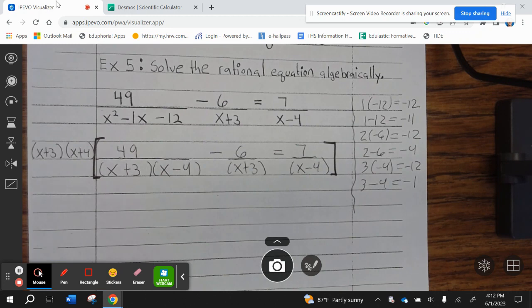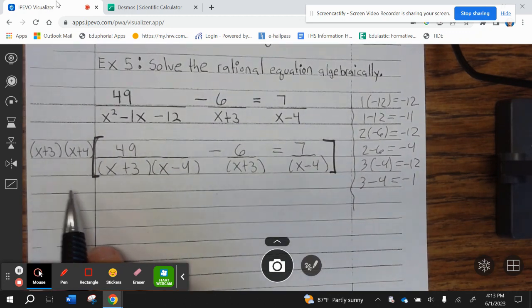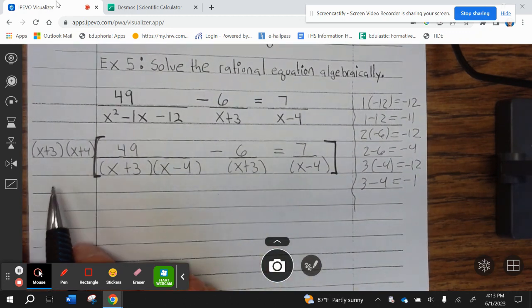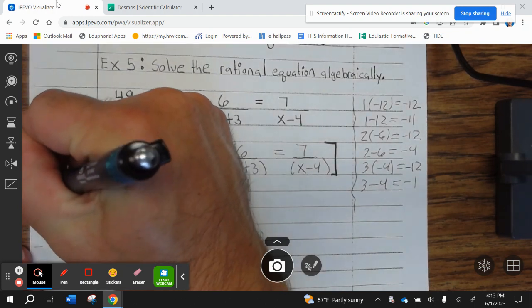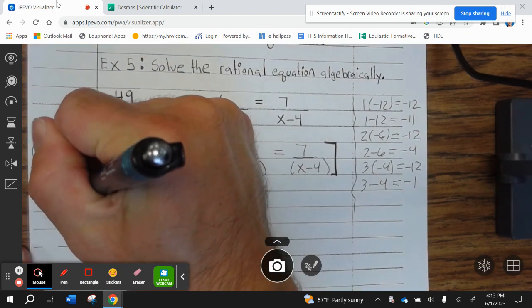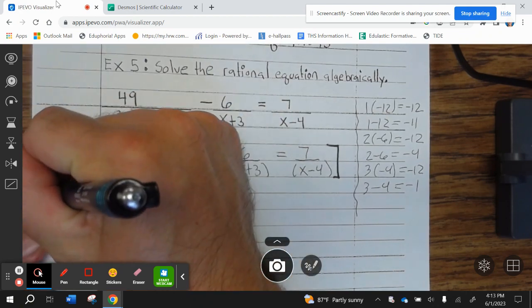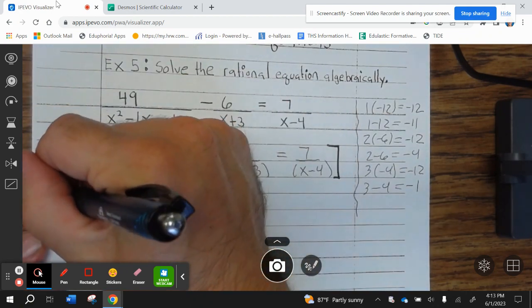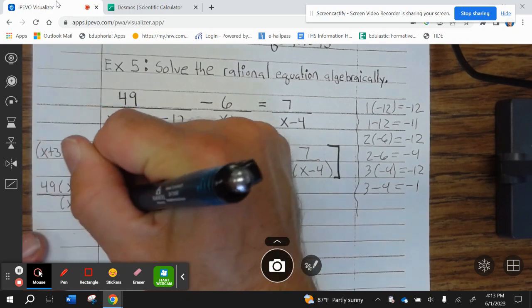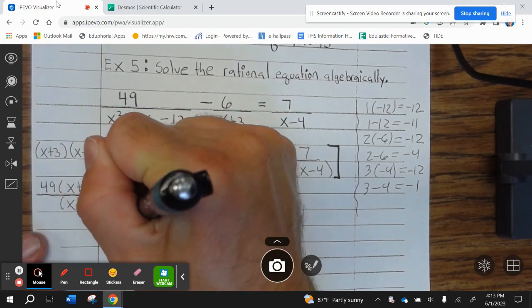Okay, so it's going to be a long problem, so we're going to start at the very end of the paper. So that's 49 times (x plus 3)(x plus 4) divided by (x plus 3)(x plus 4).